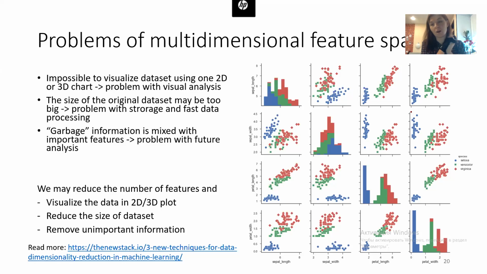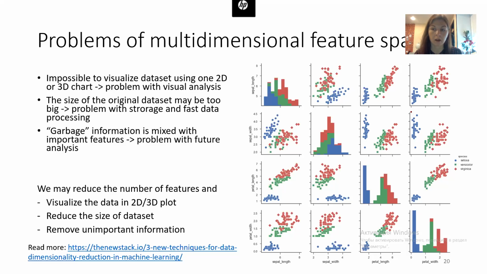So if you may remove, I don't know, 80% of information, if you may decrease the size of your file but save important information, it will be great because it allows you to use less space on your server or computer and collect more patients on one hard disk.